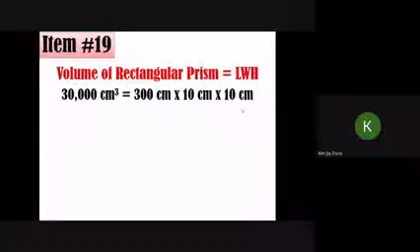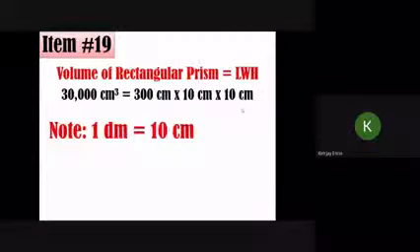We will now convert each to dm. But remember, guys, that 1 decimeter is equal to 10 centimeters. So we are going to substitute 1 dm for every 10 cm present.